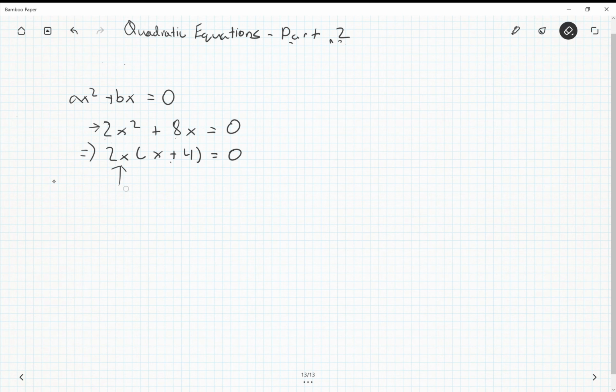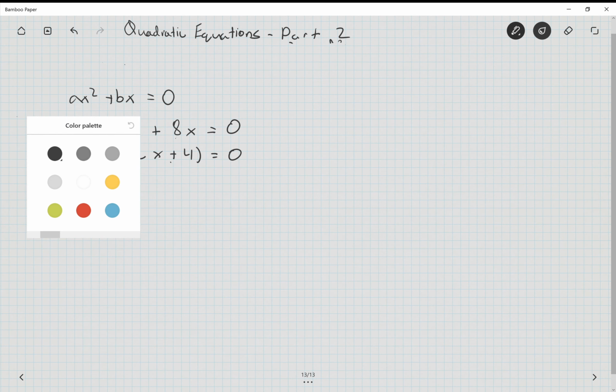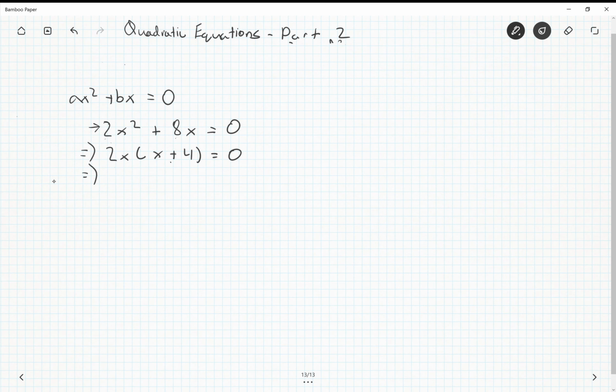So if 2x equals 0, that means x equals 0, or if we wanted this term to equal 0, x would have to be negative 4, because negative 4 plus 4 equals 0, so if you're multiplying something with 0, it automatically equals 0.